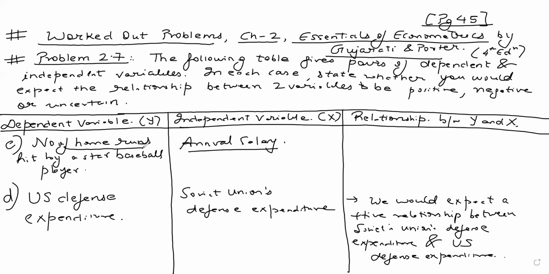It's completely possible that a baseball player may not be earning very high but still scores very high home runs. But one possibility could also be the case where richer baseball players tend to use more good quality baseball equipments, which in turn helps them to score more home runs. So again, I would expect the relationship between the two to be probably positive.